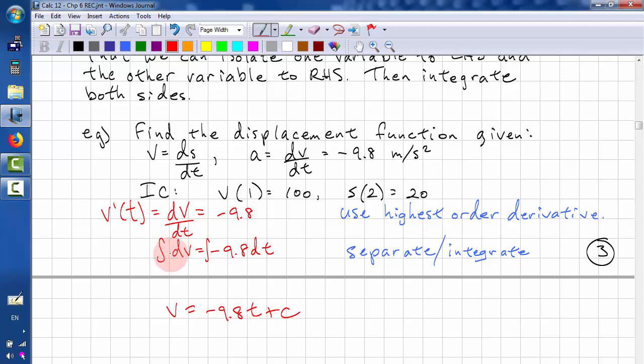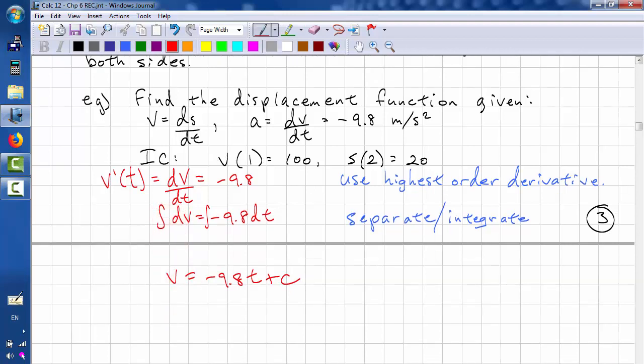Basically here we're integrating 1, and if we're integrating 1, it becomes v. Now we need to substitute to get our specific solution. V of 1 equals 100 equals negative 9.8 times 1 plus c.